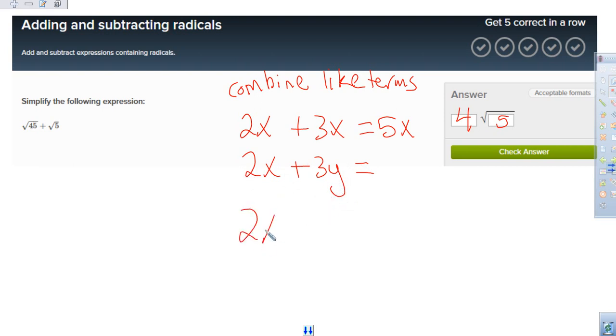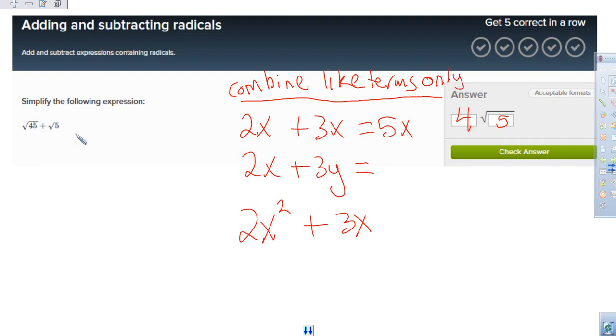In fact, I can't take 2x squared and add 3x to it, because not only does the base have to match in the variable, but the power has to match as well. The exponent has to match as well. And so I can't combine these. That's as simplified as that can be. Okay? I cannot combine them. You can only combine like terms. So combine like terms only.